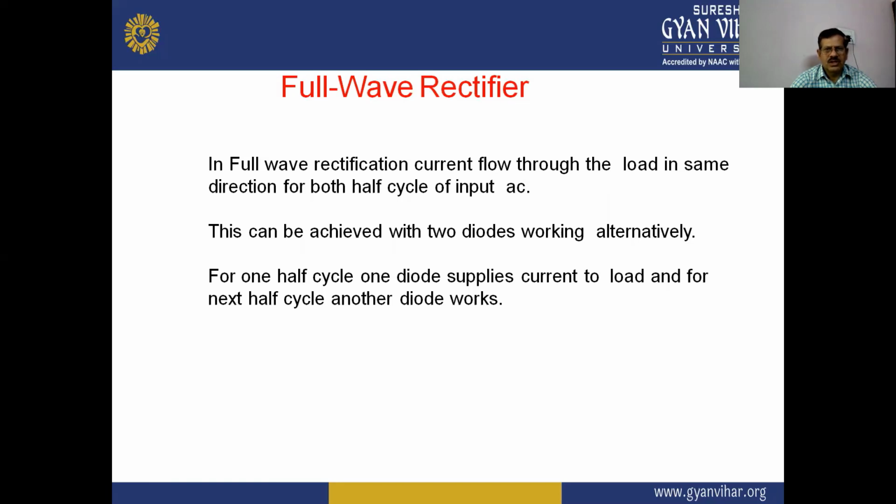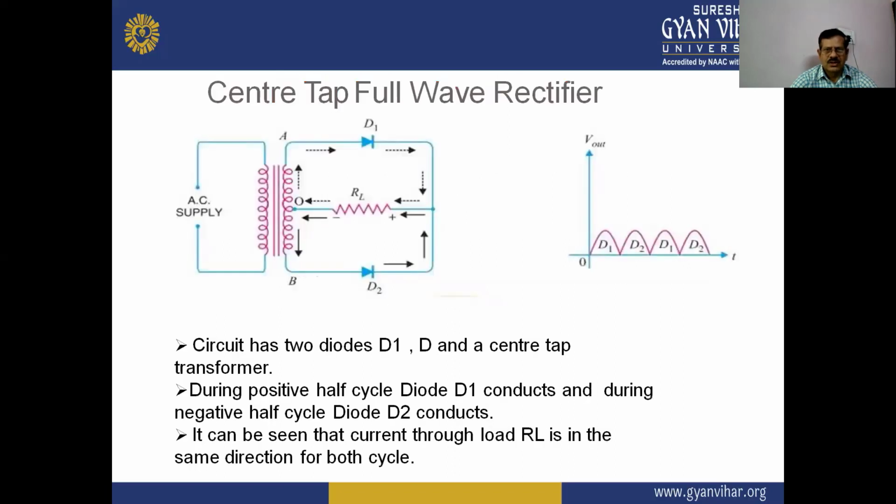In this circuit diagram of a full wave rectifier, there are two diodes working alternatively. For one half cycle, one diode supplies current to the load, and for the next half cycle, the other diode works.